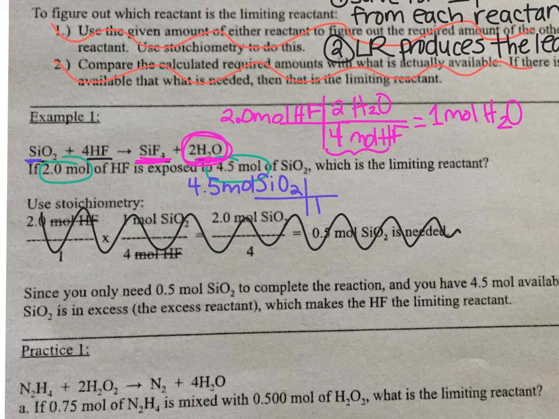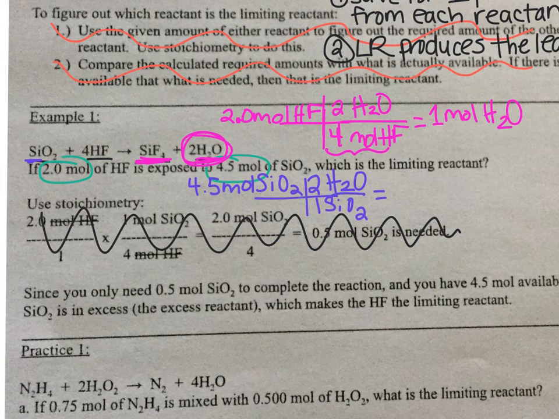So 1 SiO2. I'm being lazy and not putting moles. You should still put moles. And then we're going to go to 2 moles again of H2O. So once again, we have to compare the same thing. That's why we didn't change it to be silicon tetrafluoride. Do we see that? Yeah. That's one of the biggest mistakes people make.